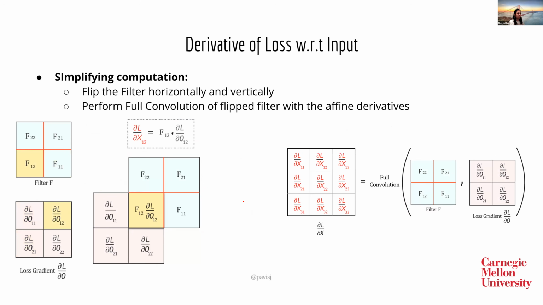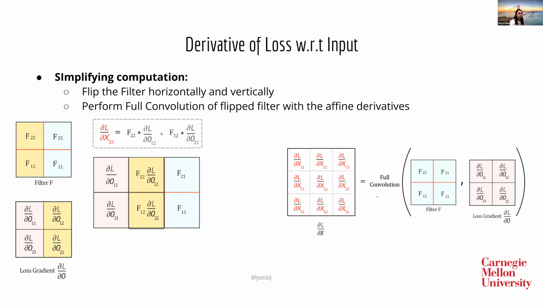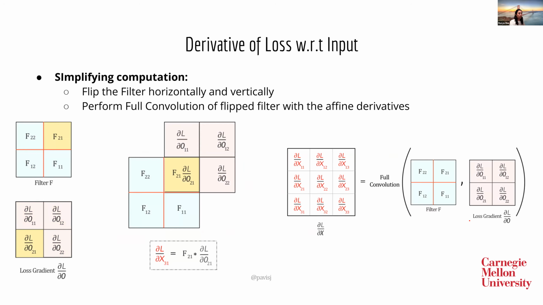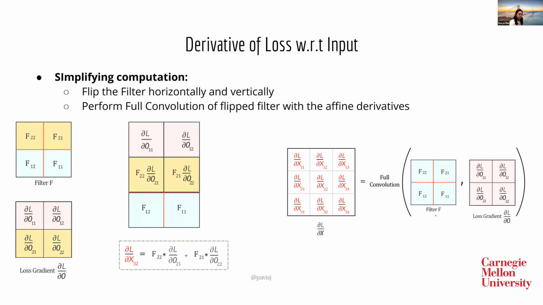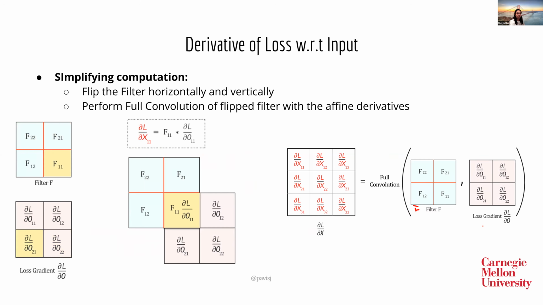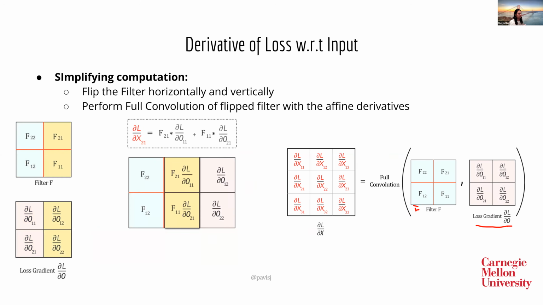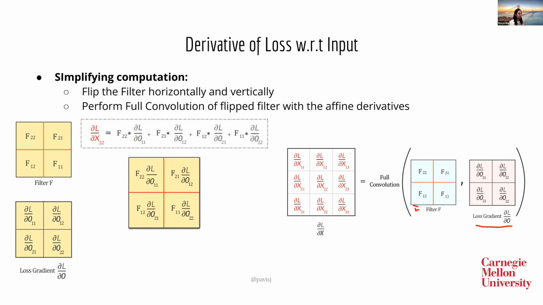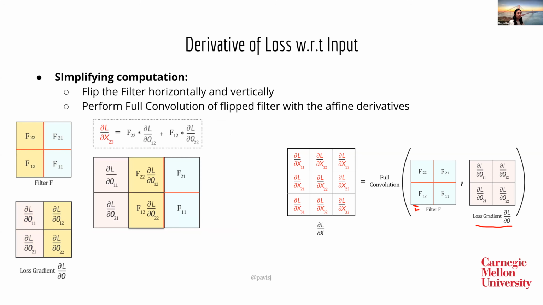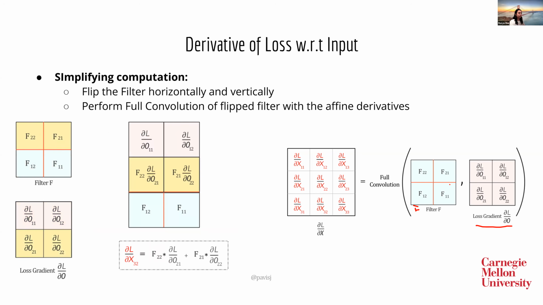So when we do the backward propagation, we can run the convolution on this flipped filter. This is actually the flipped filter, and this is the loss gradient that actually comes from the affine output of this convolutional layer.